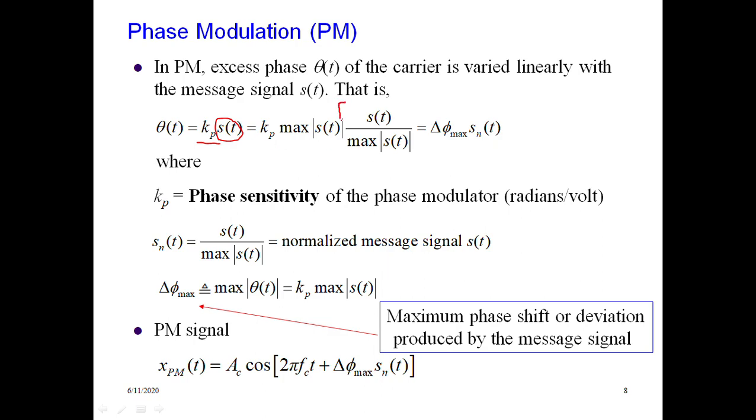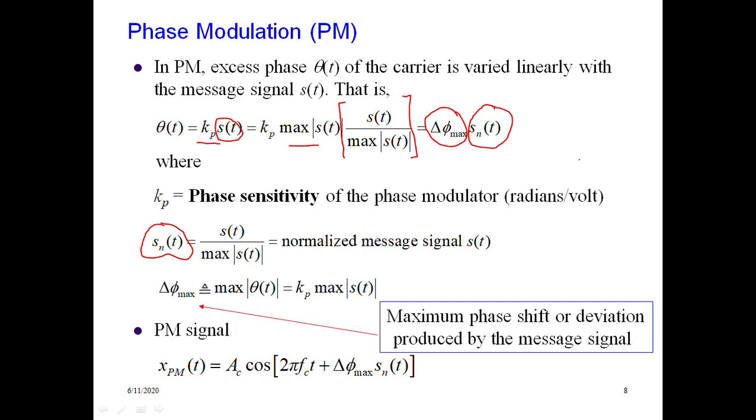Since we want to deal with a normalized signal, this is the normalized signal sn(t). So we name it kp max|s(t)| multiplied by sn(t), or simplify it as delta phi max multiplied by sn(t).